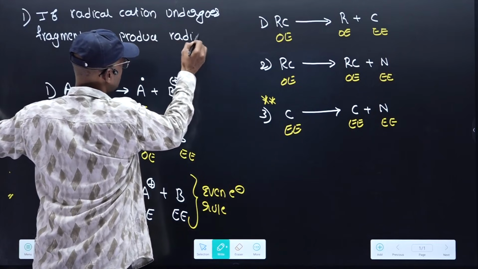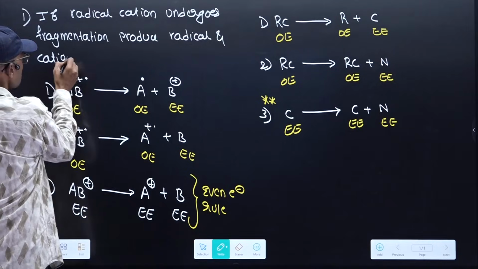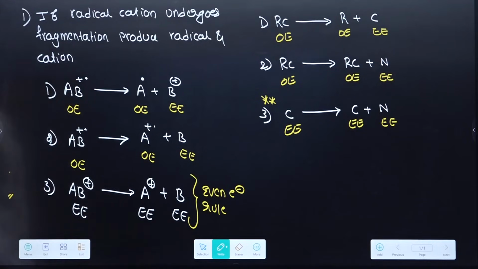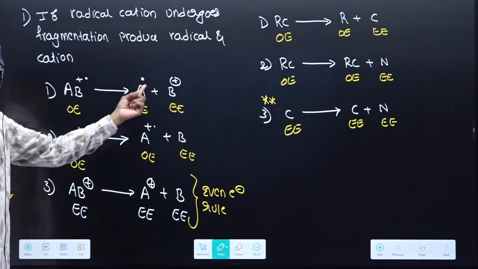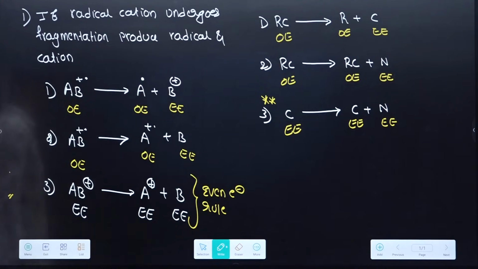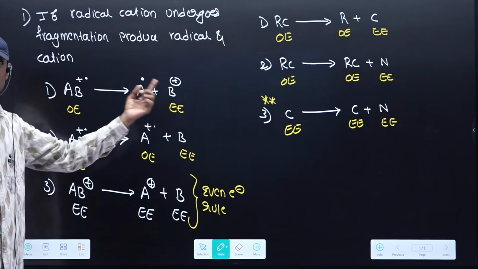Radical and cation. Only this fragmentation is observed. That fragmentation is correct. If a radical cation undergoes fragmentation, it will give a radical and a cation. The radical is an odd electron species and the cation is an even electron species.